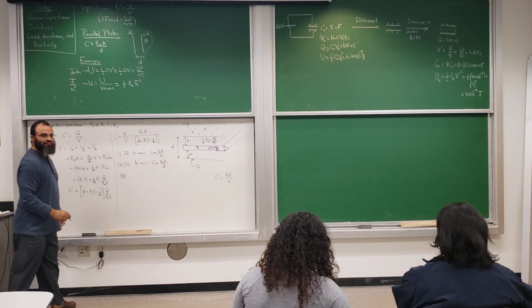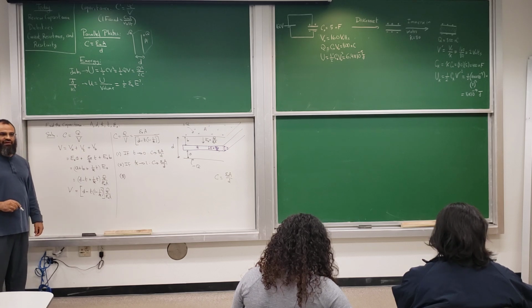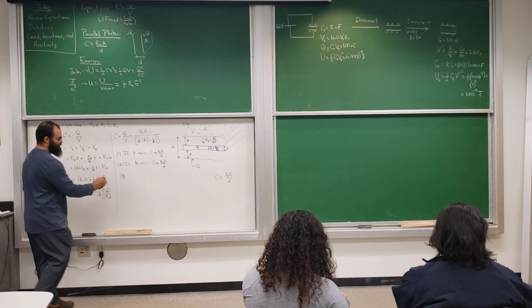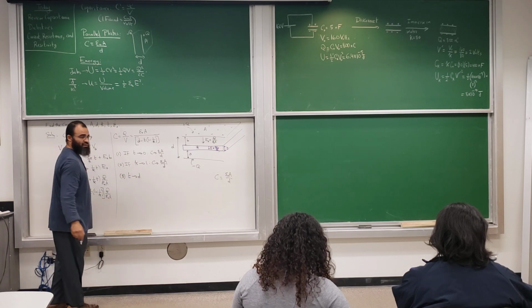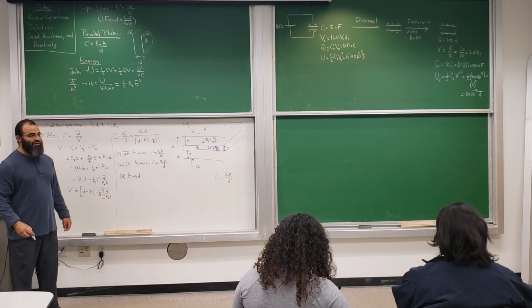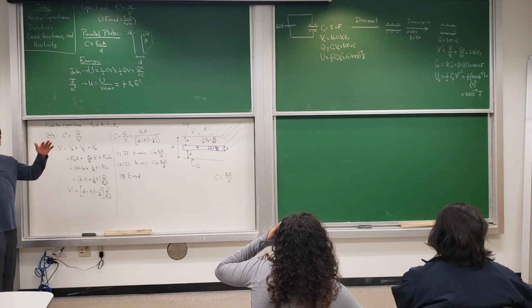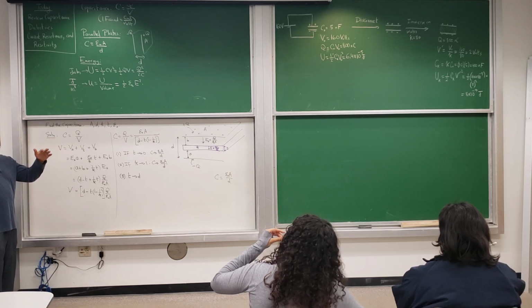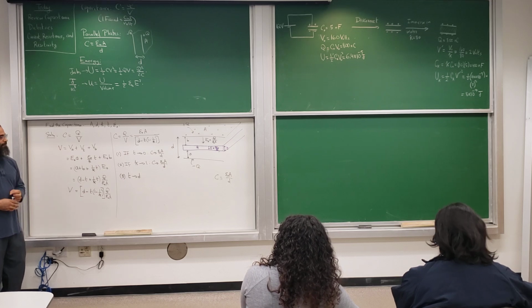Number 3. What if the thickness becomes equal to D? It means the dielectric is filling up the entire space. What should the capacitance become?